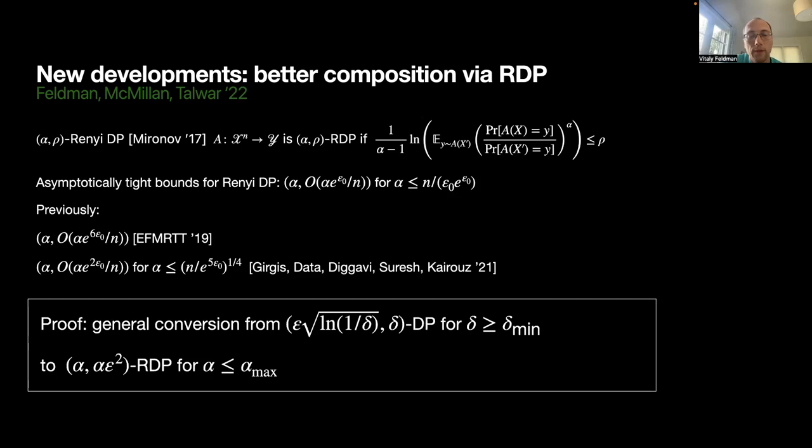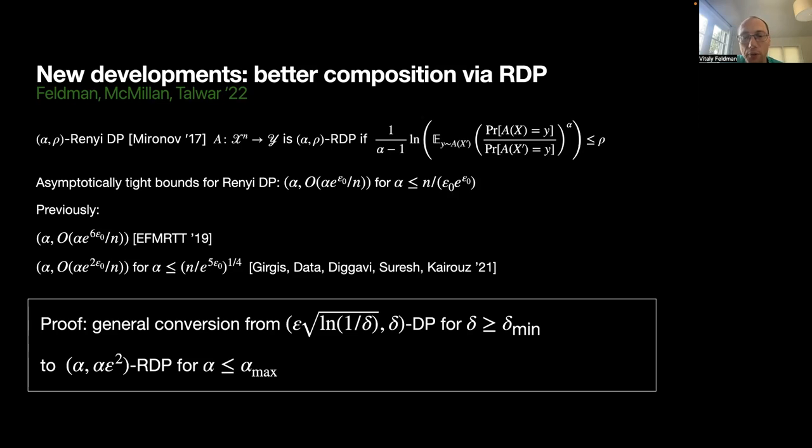The proof of this asymptotic result: one approach would be to directly analyze the RDP of the divergence between these two explicit distributions that were described, but that's tedious and we were maybe a little lazy.